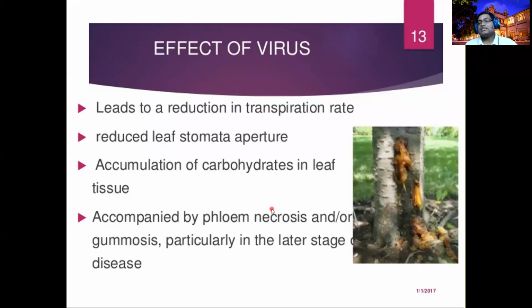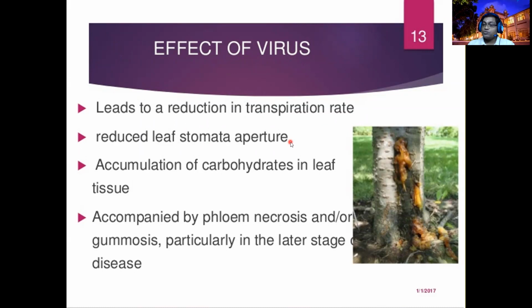An effect of the viruses, right? It leads to a reduction in transpiration rate. I told you, if the virus infects, sometimes the stomata remain closed. There is no transpiration, and it also reduces the leaf stomata aperture. The stomata aperture is reduced, so they cannot open.